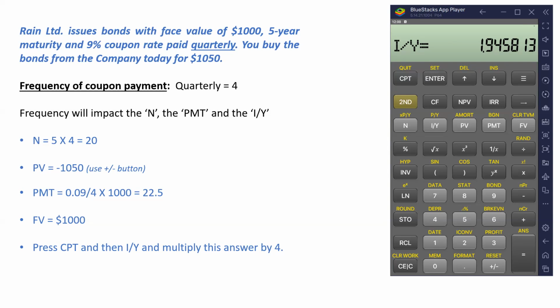CPT, I/Y. You're getting the answer 1.9458. Multiply this with 4, equal to, and the answer is 7.78%. So the YTM for this particular question is 7.78.